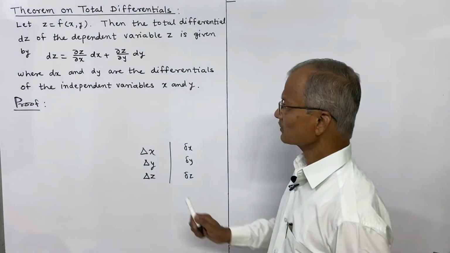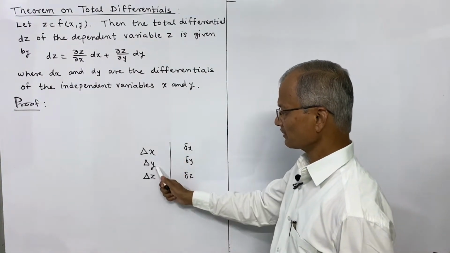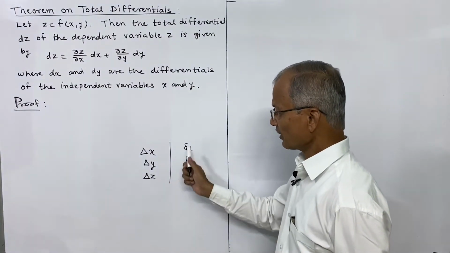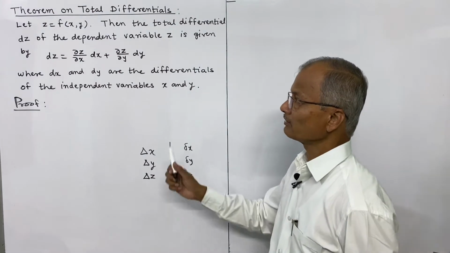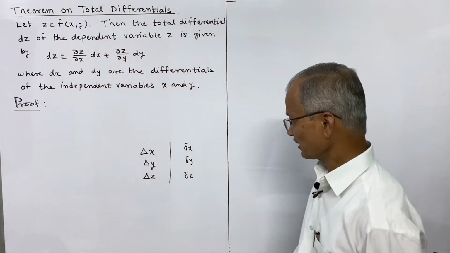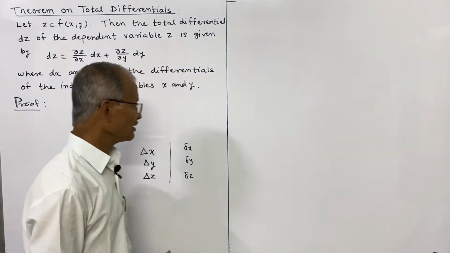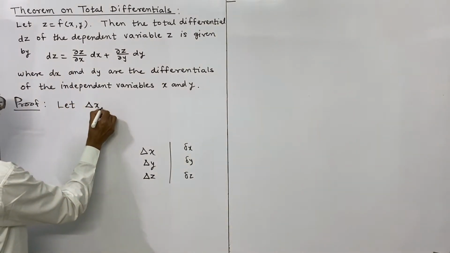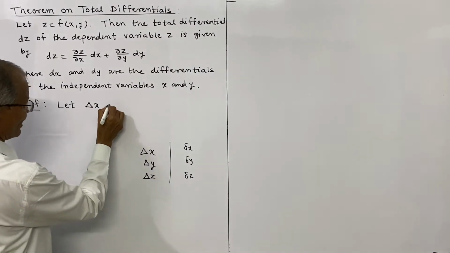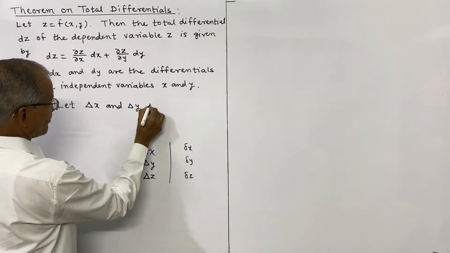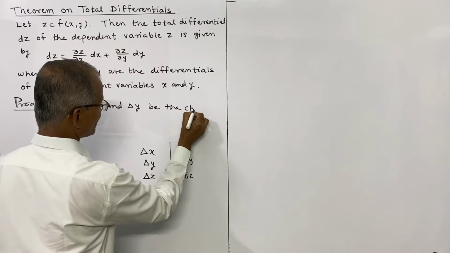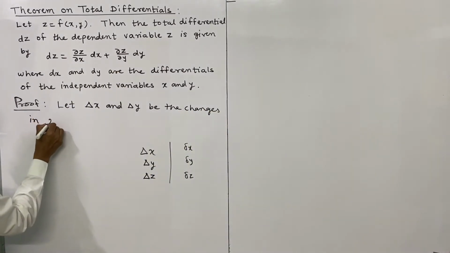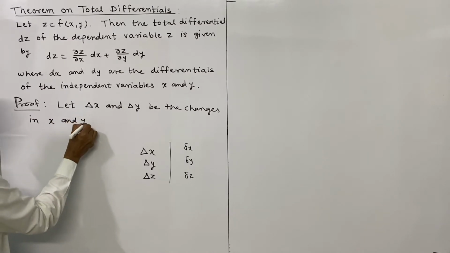And we shall start the proof with this statement. These are the changes in the corresponding variables x, y and z. First there will be a change in x and y, then there will be a change in z. So we will write: let delta x and delta y be the changes in x and y respectively.